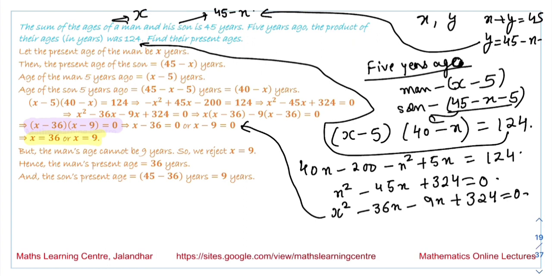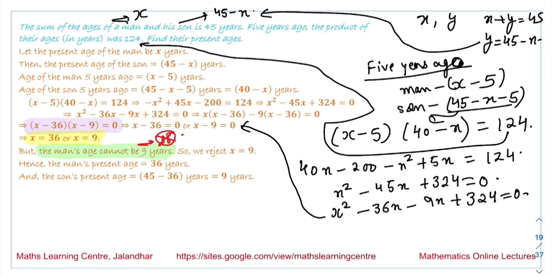Now it is clear that the man's age cannot be 9, because otherwise what will happen? It is given that the sum of the ages of the man and his son is 45 years. So if the age of the man is 9 years, then the age of his son will become 36 years, and this is not possible.